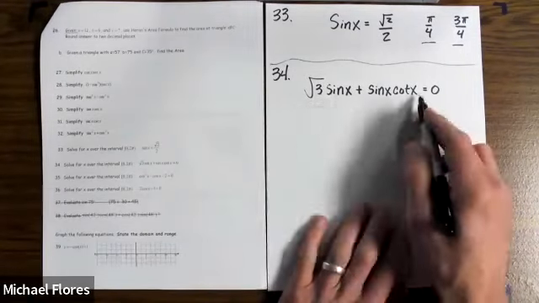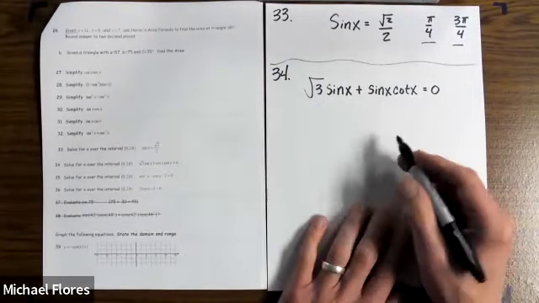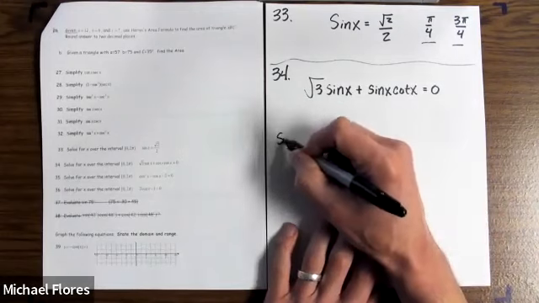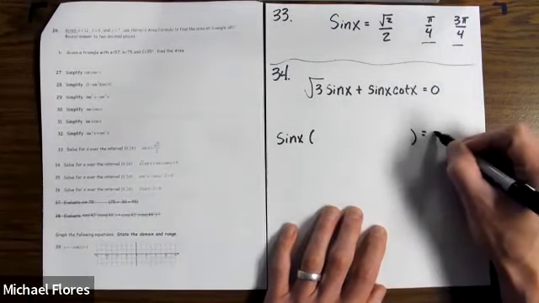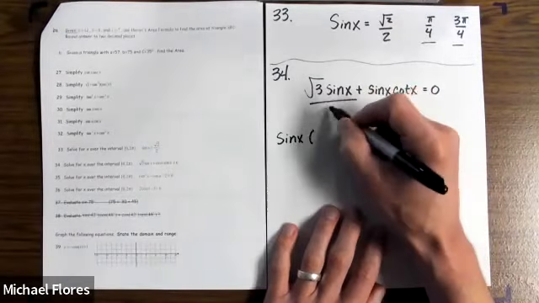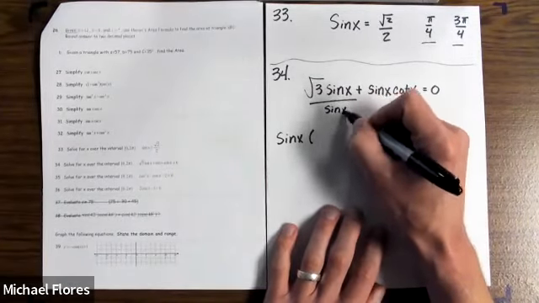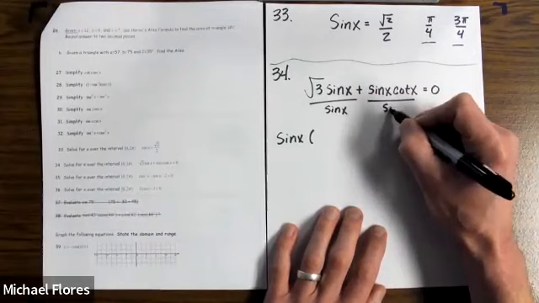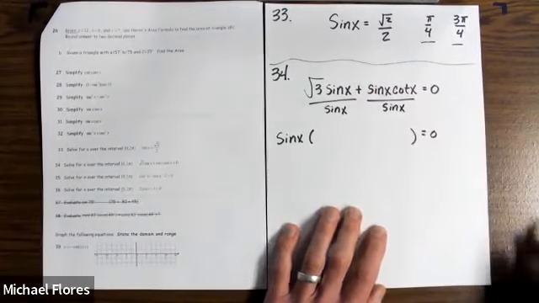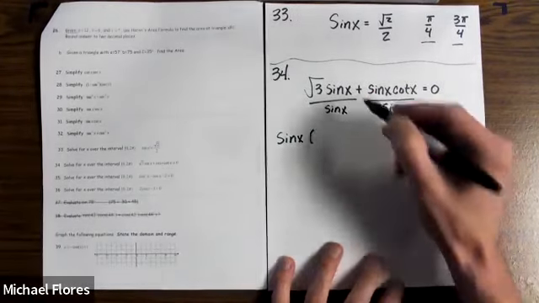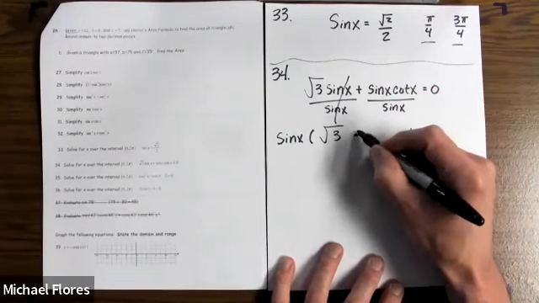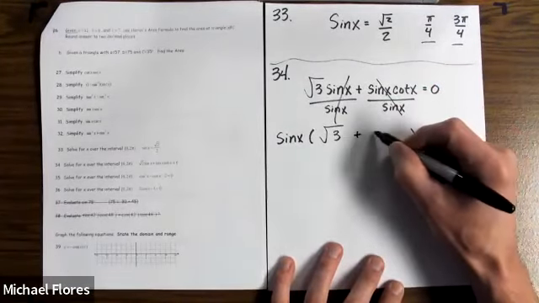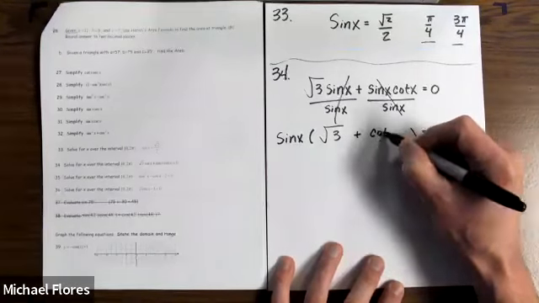So here, it looks like we have two terms, both of them have sine of x in common, so we're going to factor out sine of x. Now, when we factor out sine of x, what we're doing is we're pretty much dividing away a sine of x from both of these terms. So here, that would leave us with the square root of 3 plus here, that would leave us with cotangent of x.